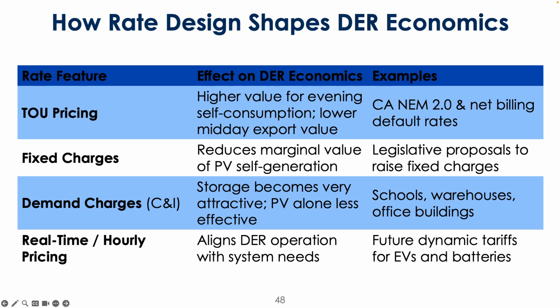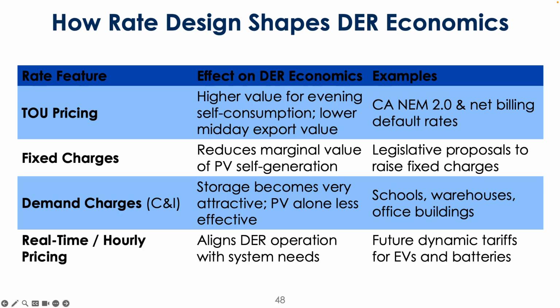Isn't reducing the marginal value of self-generation bad as an incentive? Reducing the value of marginal self-generation, I'm just trying to digest that sentence. So having fixed charges reduces the relative value of the volumetric generation that you're having, right? Because you need more generation to make up for the fixed charges?